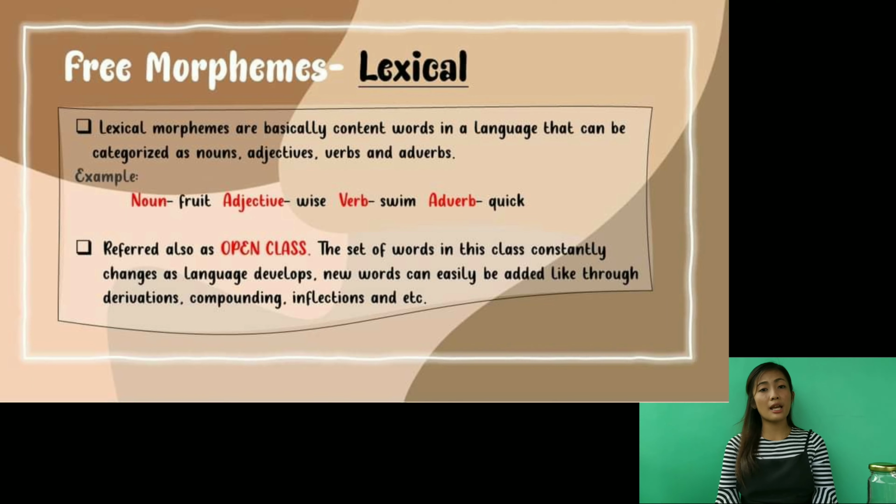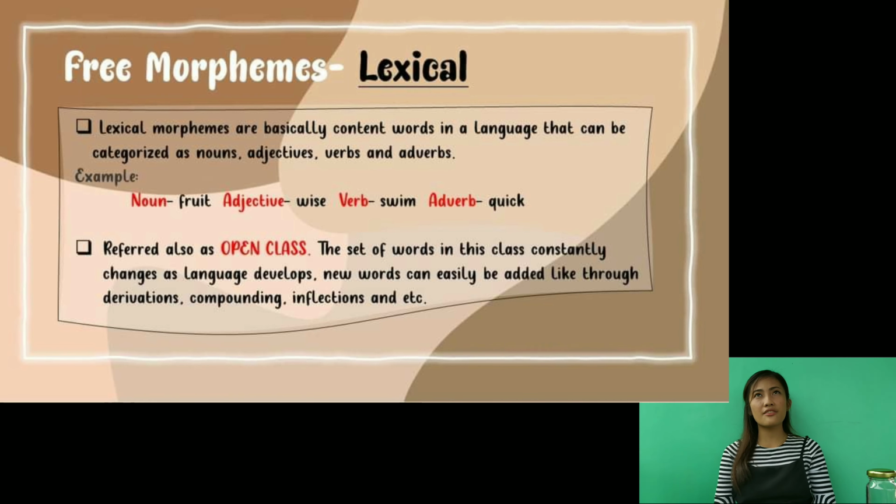So for the first type of free morpheme, we have the lexical morphemes. This type of morpheme is basically content words in a language that can be categorized as nouns, adjectives, adverbs, and verbs. Examples of a noun are fruits, vegetables, human, man, girl.